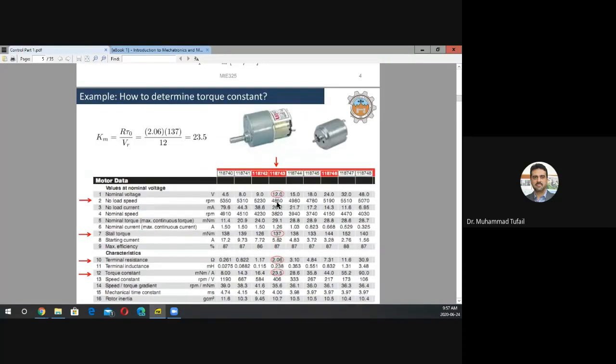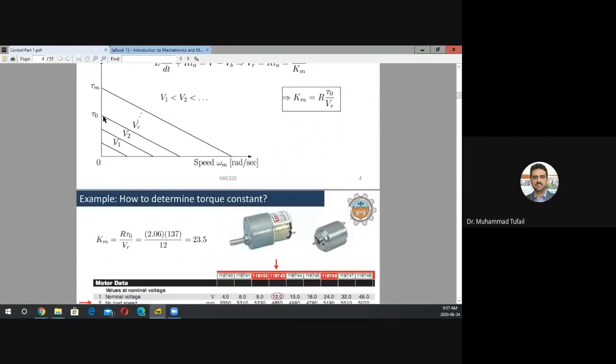It's the maximum speed that the motor can achieve because there is no load on it, so no energy is going into overcoming the inertia of that load. The motor is just going with its full speed. Apart from some other quantities, you can look at the stall torque. We call it TS, or here we call it T naught.